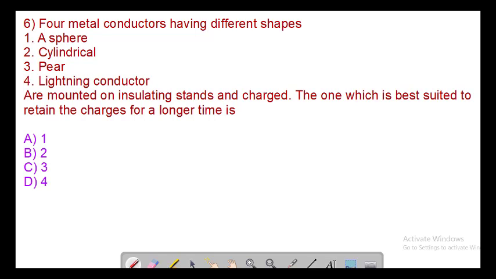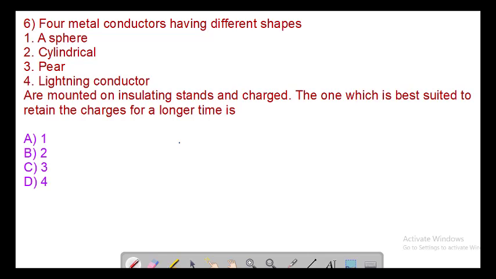Now we study one by one. First is a lightning conductor. It has sharp edges. Generally when we charge any conductor, the charge concentration is much at the edges. Because it has sharp edges, there will be more charge at the edges and less at the other parts, and because of which there will be more leakage. Then second comes the pear. Pear shape is not exactly spherical, so the concentration of charge is uneven, and this is not suitable.